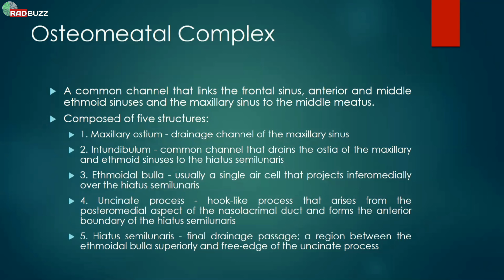What is it? It's a common channel that links the frontal sinus, anterior ethmoid and maxillary sinus to the middle meatus. Basically, it is the anterior group of paranasal sinuses which are drained through this, and the whole structure is called the osteomeatal complex.